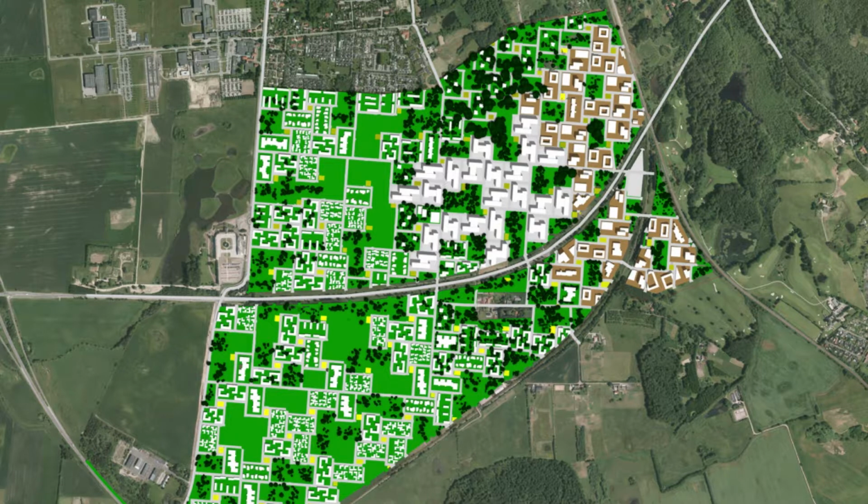Anyway, you see some brownish parts to the right, which is more densely developed because it's close to the regional train station, and then more lush green or detached housing areas towards the west and the south. And this, of course, was all generated using basically constraint maps and control maps.